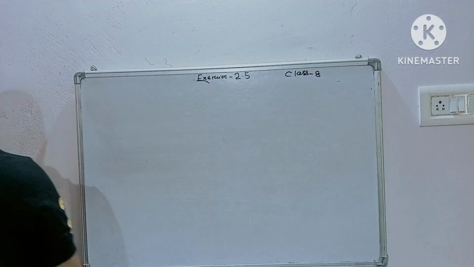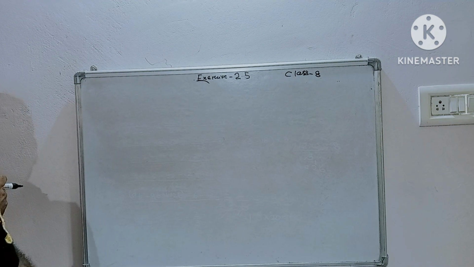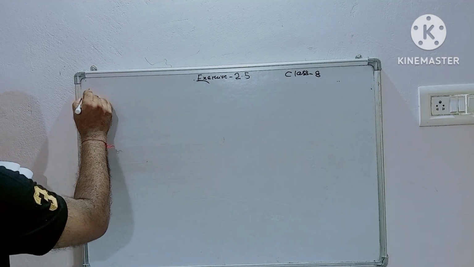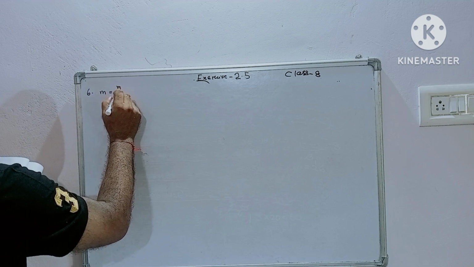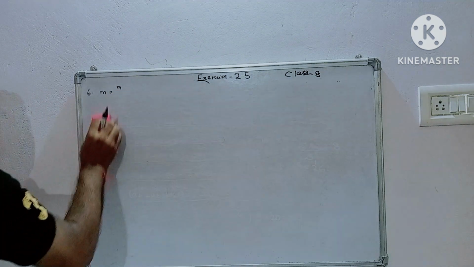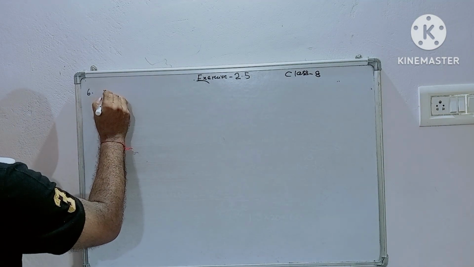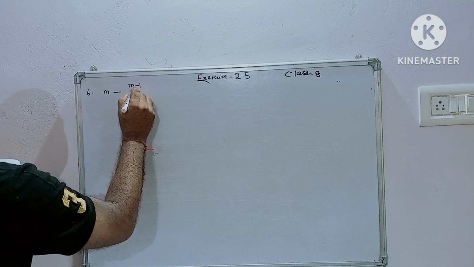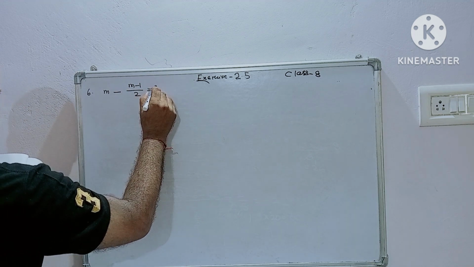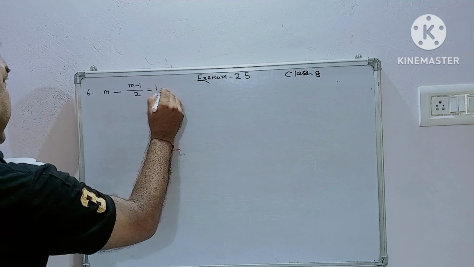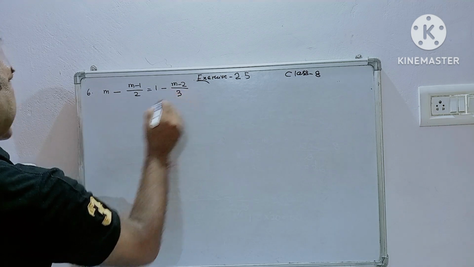So you will do like this. Then we will move to question number 6. m minus (m minus 1) whole divided by 2 is equal to 1 minus (m minus 2) whole divided by 3.